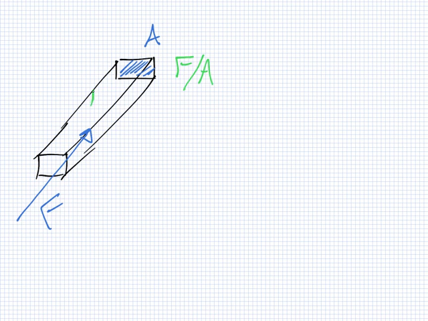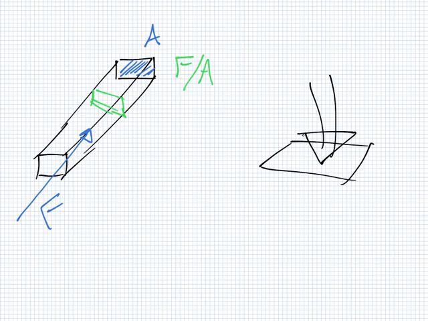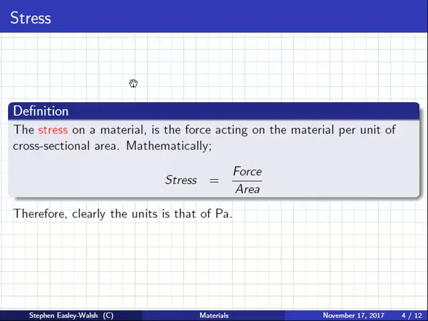But that's an internal phenomenon, whereas pressure that we've used in the past, that's external. So stress is always inside or at the end of a material. Pressure is something usually external. Oops. Okay. So stress is force over area.